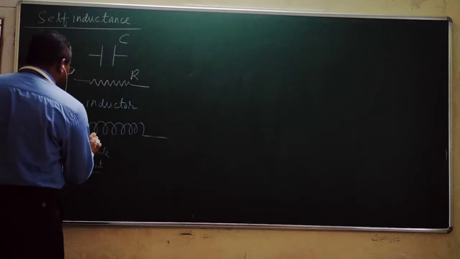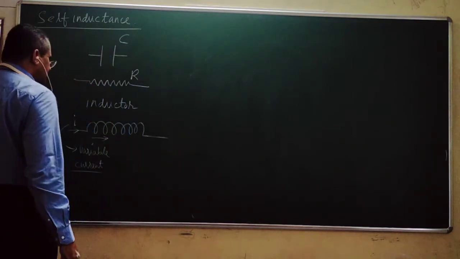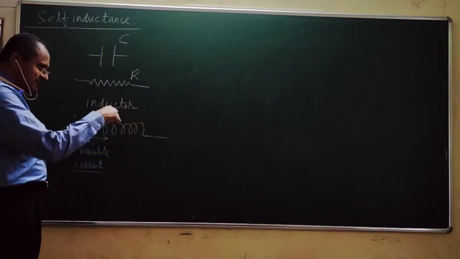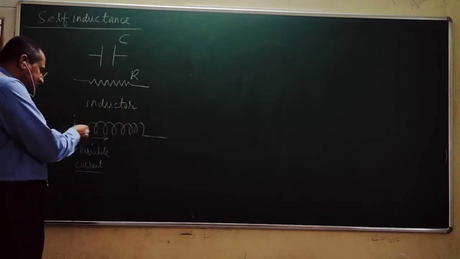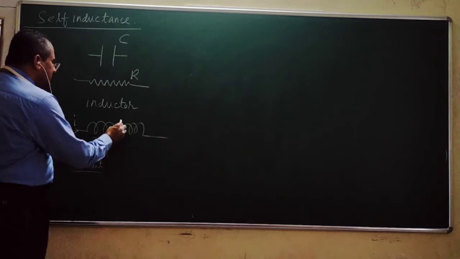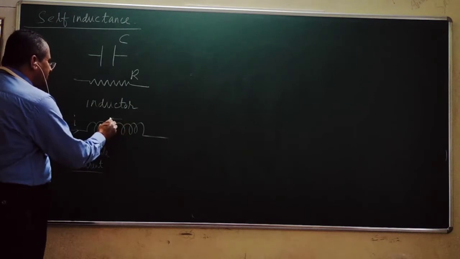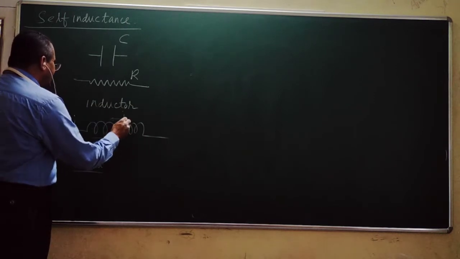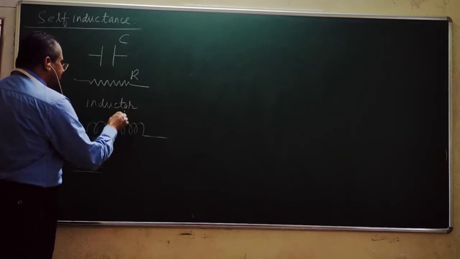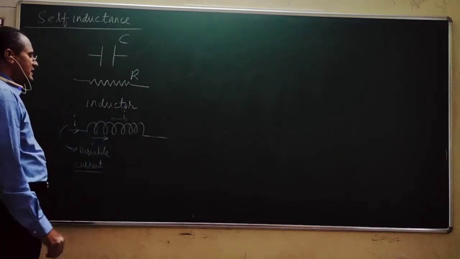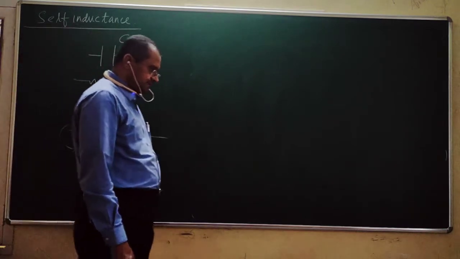See, this current is flowing in this direction. If a current is induced and the induced current opposes this current, then the induced current must definitely be flowing in the opposite direction. I will call it I suffix I or I dash. An induced current is flowing here.